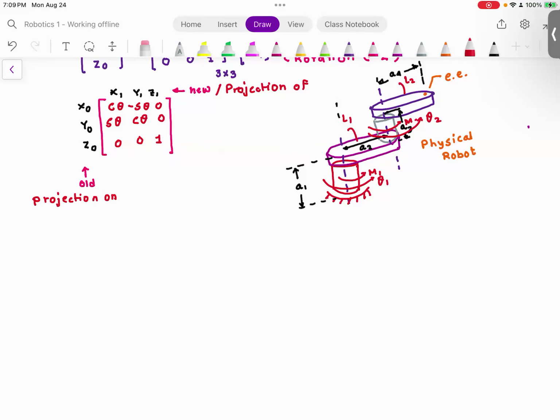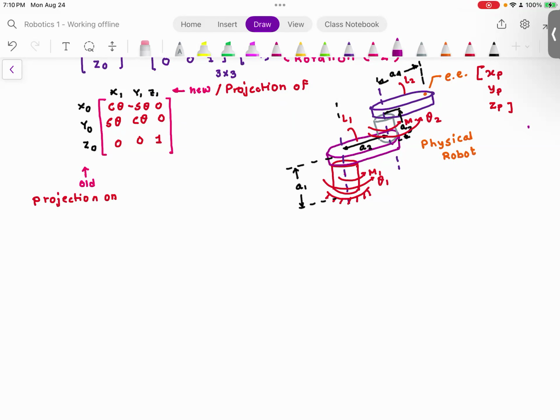And we have to solve the forward kinematics problem, which means given the values of θ1 and θ2, what are the values of xp, yp, and zp, where xp, yp, and zp are the end effector positions. Clearly, we need to specify the reference: xp, yp, zp with respect to what?